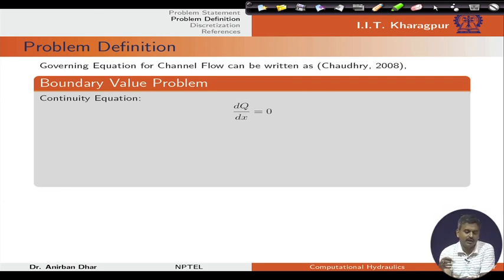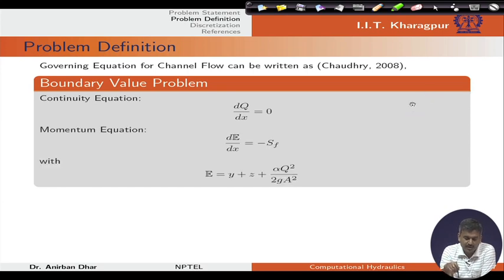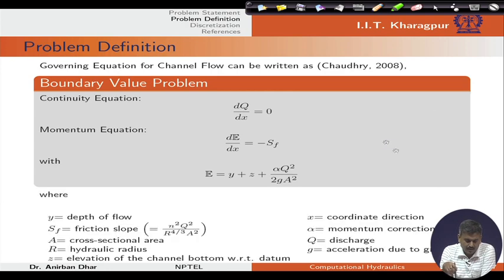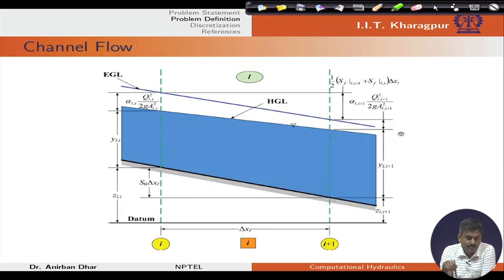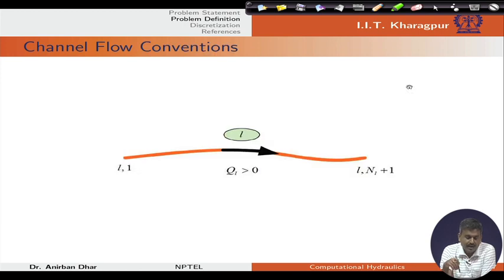Now, we have the governing equations for channel flow. This is the continuity equation, this is the momentum equation. In discretized form, for different channel reaches and different segments, we can consider different sections.